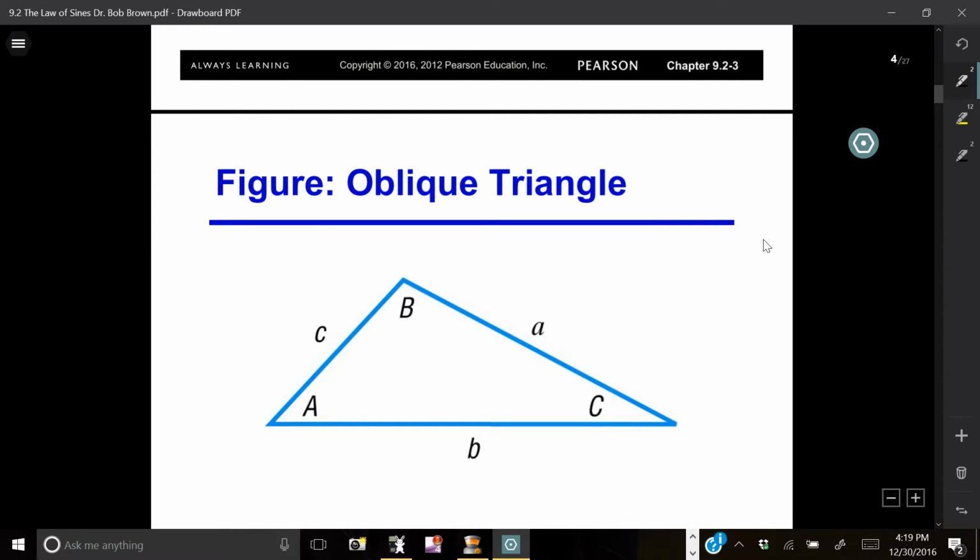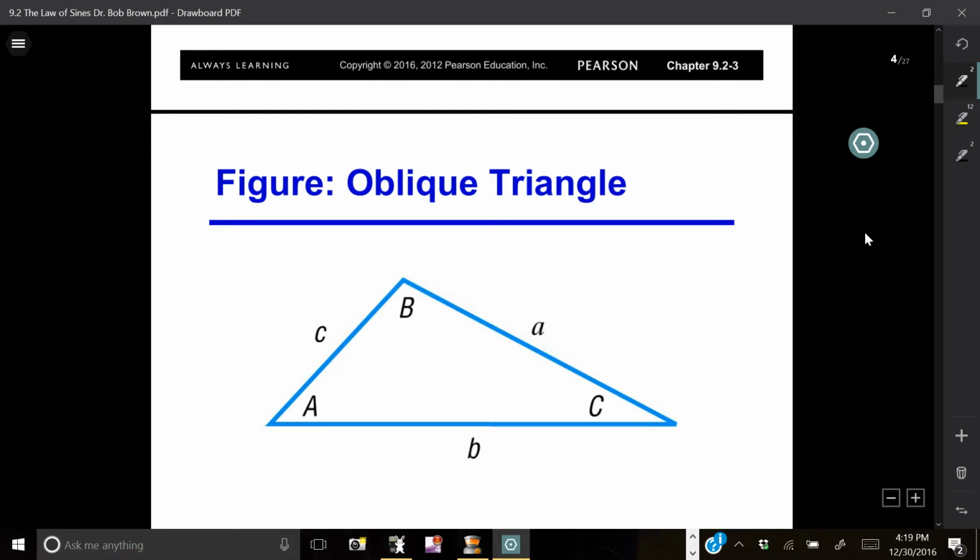Oblique triangle. What we want to show in this picture is that when we start to solve a general triangle that could be oblique, we want to label very carefully the sides and the angles.